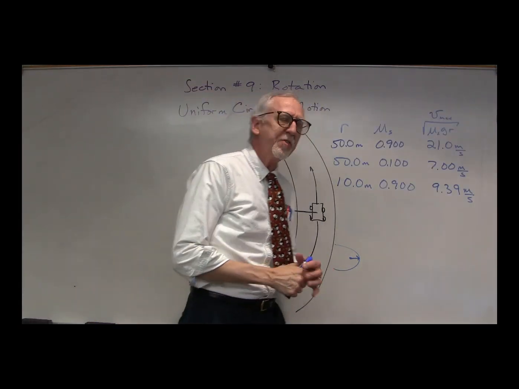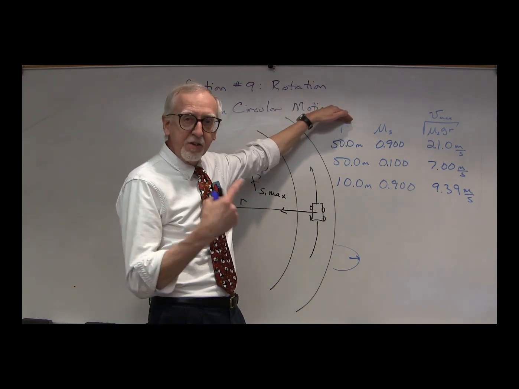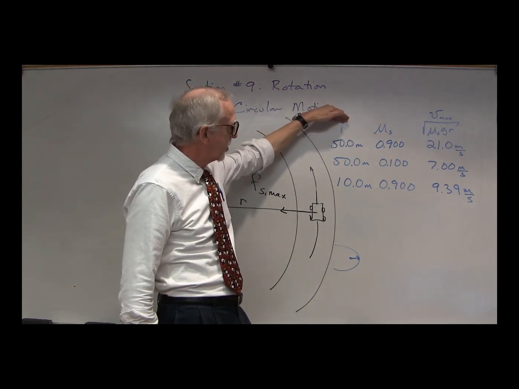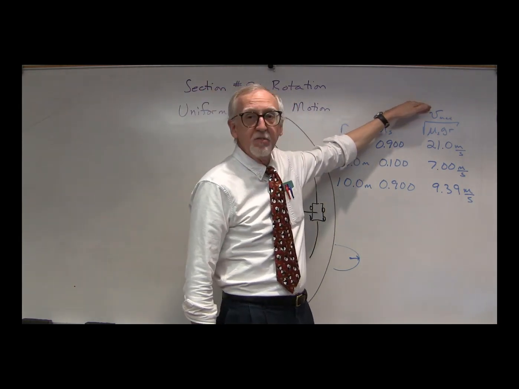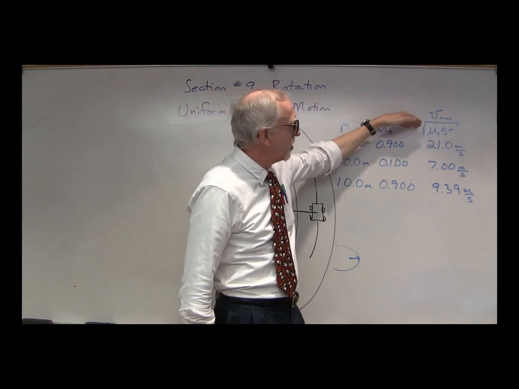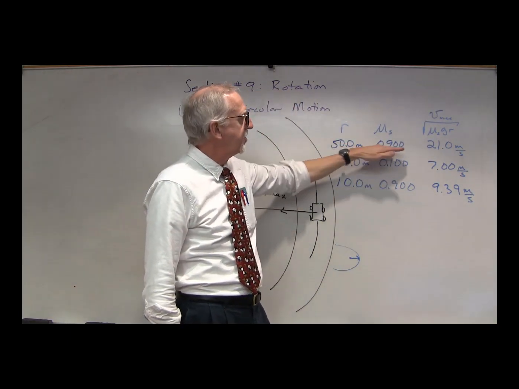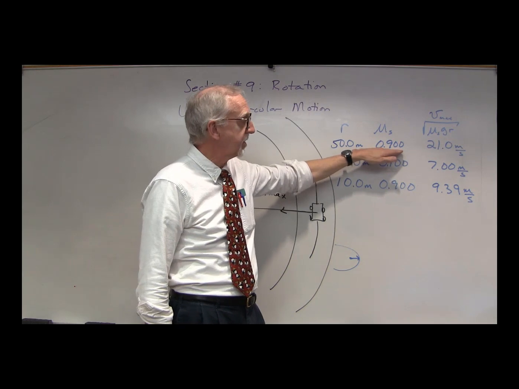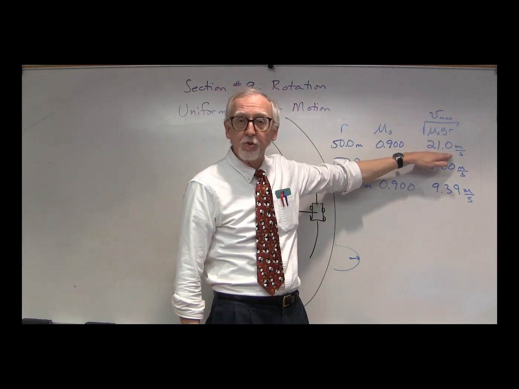Let's take a look at some different values here. Here I've got some different values for r, the radius of curvature of the curve, mu_s, the coefficient of static friction, and then what is v max given these values, which remember is the square root of mu_s g r. So if r is 50 meters and mu_s is 0.9, there's lots of friction, we end up with v max of 21 meters per second.